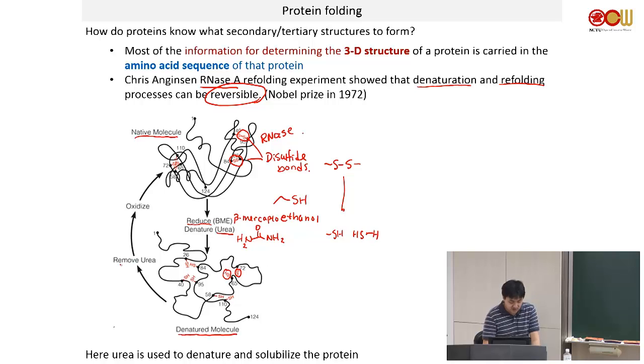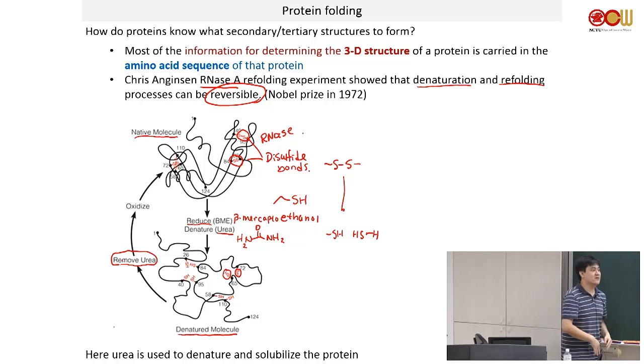We're going to gradually remove the urea. As you're gradually removing urea, the protein is going to start feeling the hydrophobic effect again, right? The hydrophobic effect is going to cause the molecule to have the hydrophobic residues going into the core, and then the hydrophilic residues on the outside.